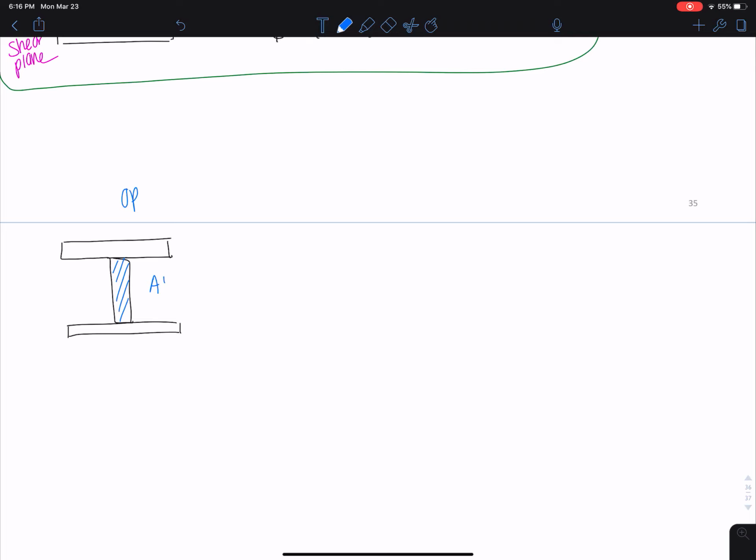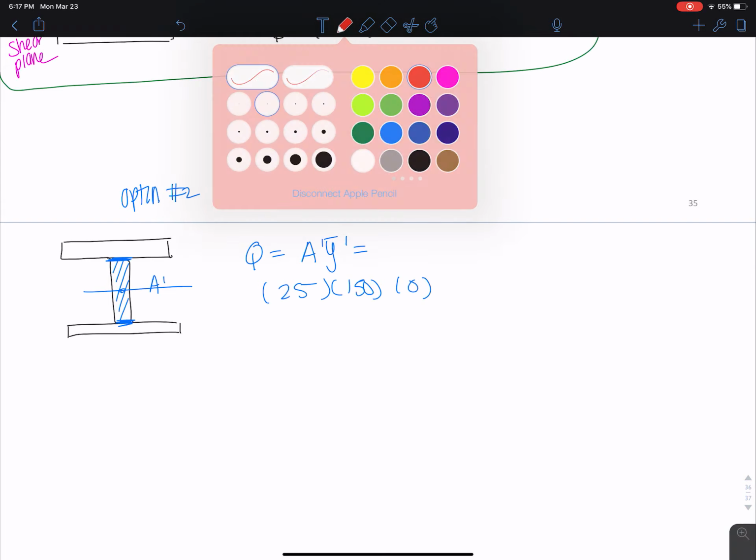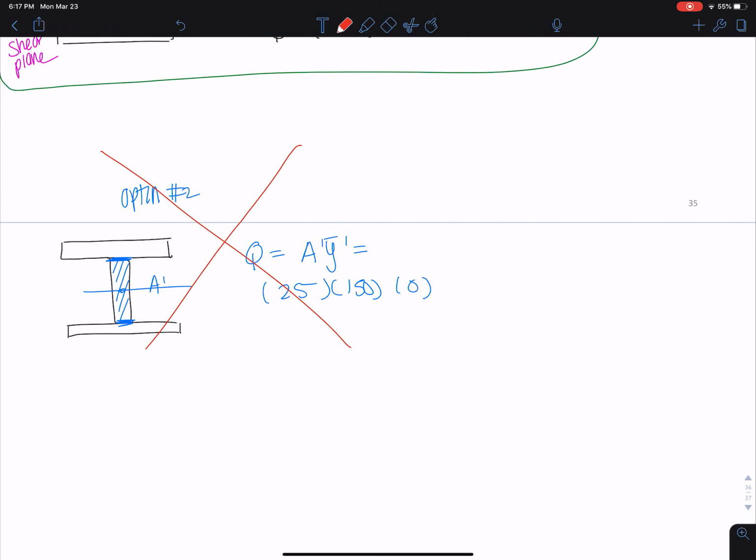Sorry, that was the ugliest way of drawing this, but you get what I'm doing. Here, this is 2 shear planes, because you can see I'm connecting 1 and 2, and you should be quick at calculating these values now. You would get 25 times 150 times 0, because the centroid of this is 0 away. So we know right away we can't have a shear flow of 0, so option 2 is out.